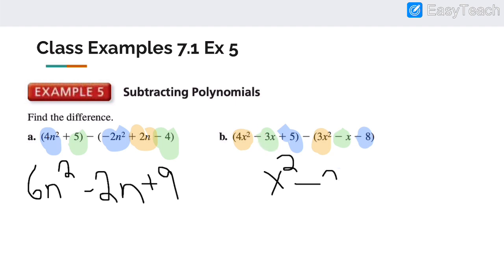So then we're going to be left with negative 2x. Lastly, we have positive 5 minus negative 8, so minus negative here is plus, so 5 plus 8 is going to become plus 13.